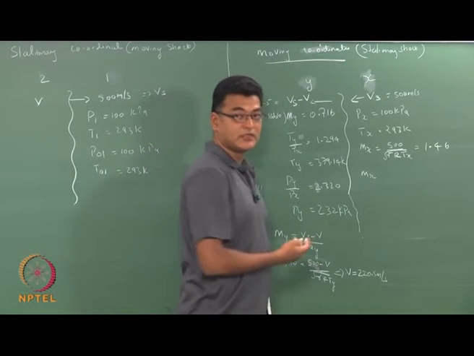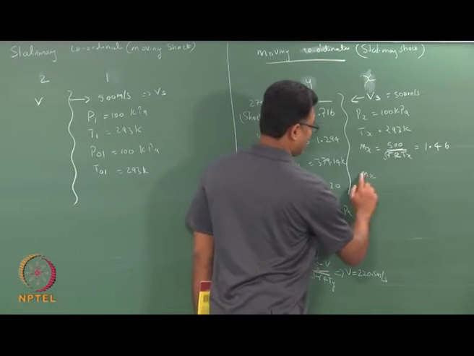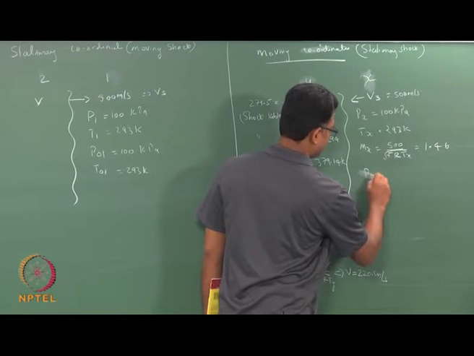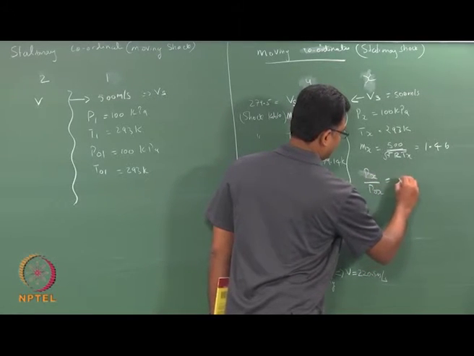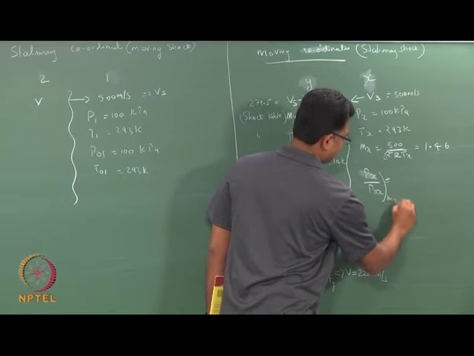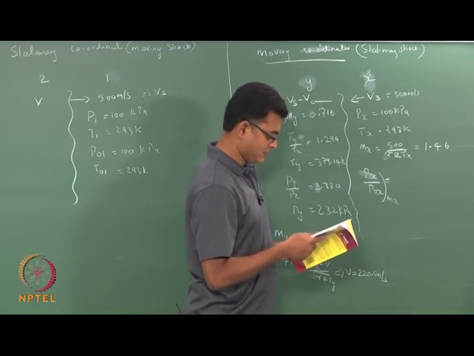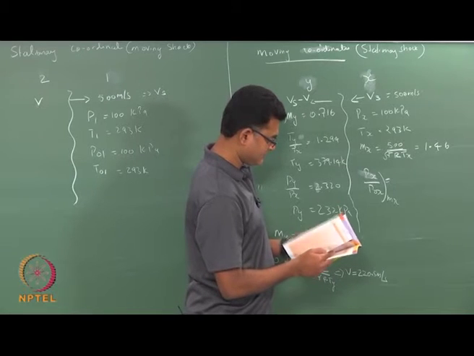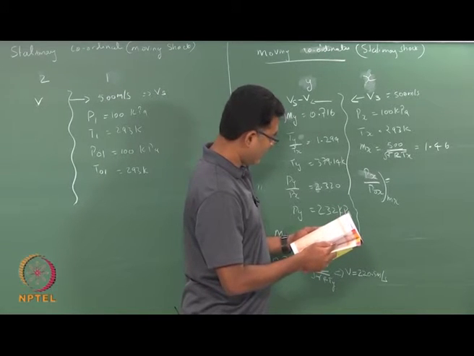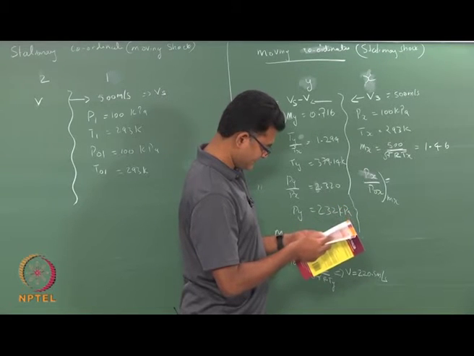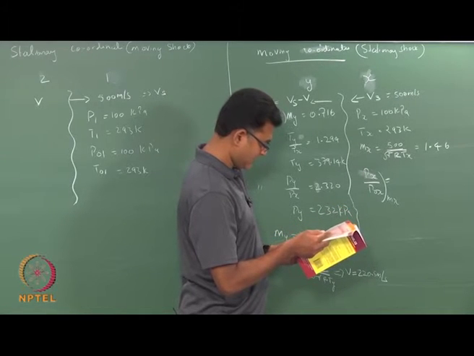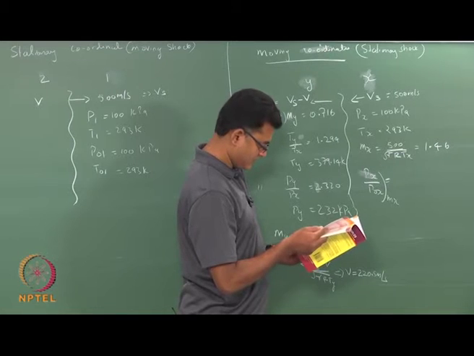Now I can use isentropic tables to find my Px by P0x for Mx. So I use the isentropic tables. Mx is 1.46.